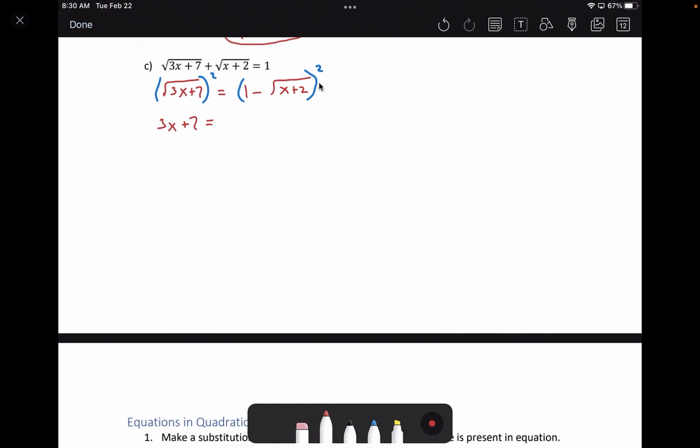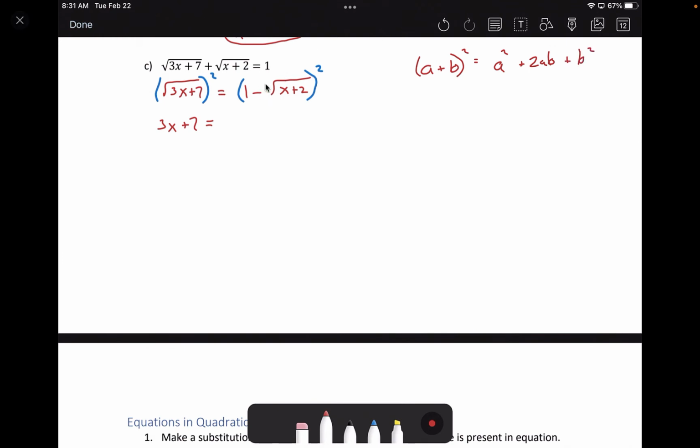Now on the right side, notice we have a binomial that is being squared. To make our algebra a little bit easier, let's recall the shortcut to square a binomial. A plus b squared is the same thing as squaring the first, doubling the product of a and b, and then squaring the last piece.